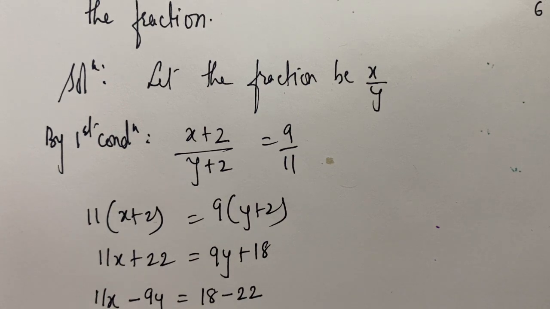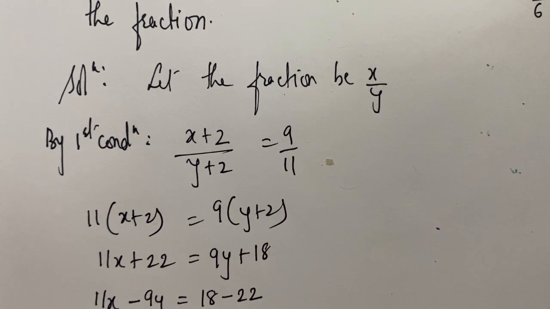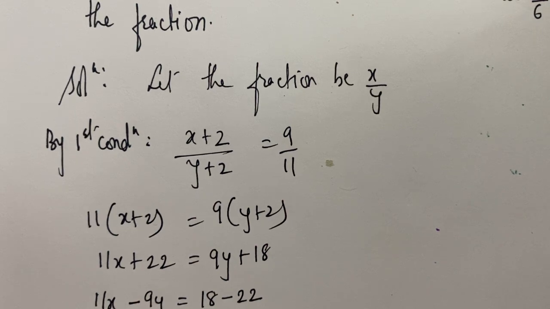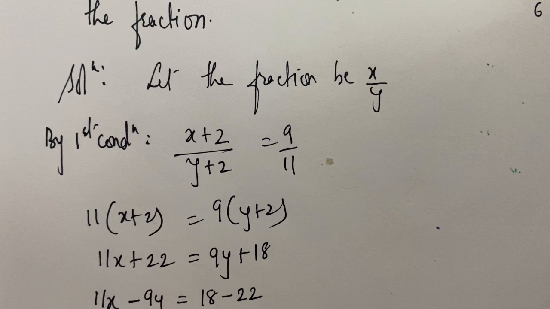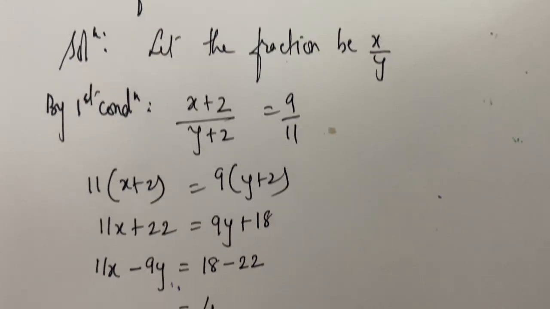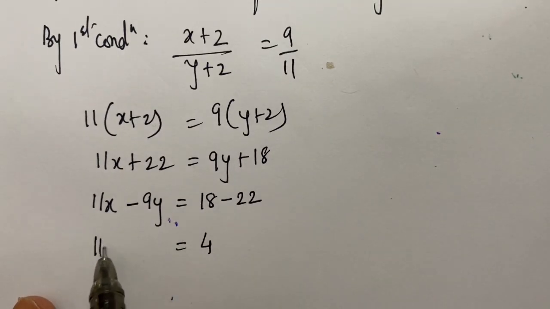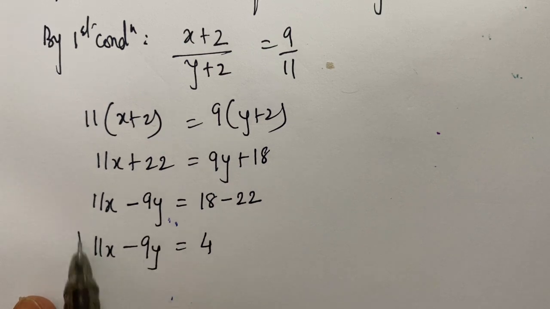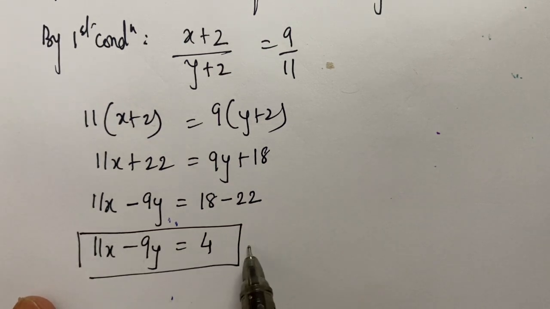Okay, now if you subtract 22 from 18, you will have answer as minus 4. So 11x minus 9y is equal to minus 4. This is your equation number 1.